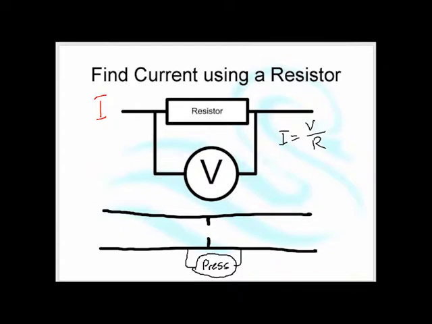If we measure the pressure across the resistor, we can find the flow, because we know, just like V equals IR and I equals V over R, that there's an equation, and the equation is that flow equals square root of pressure times a constant, and that constant is the constant for the resistor that we put in. So that is one of our main ways of measuring flow. We actually measure pressure across some kind of resistor.